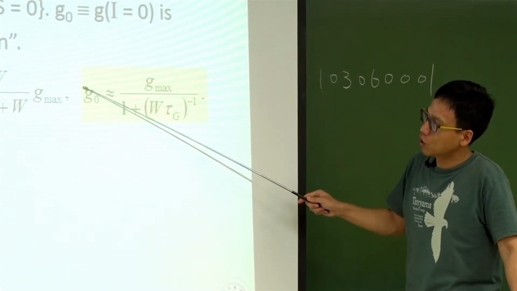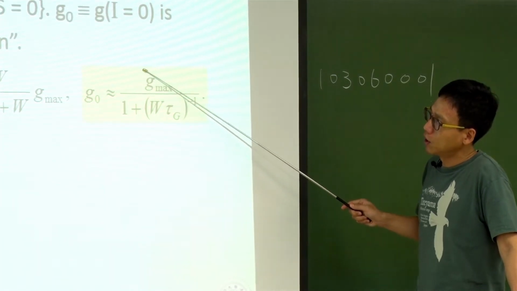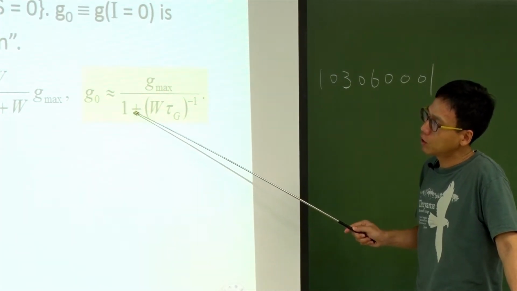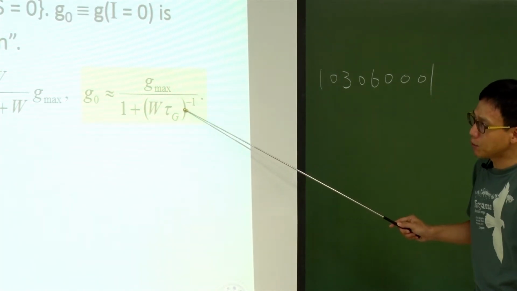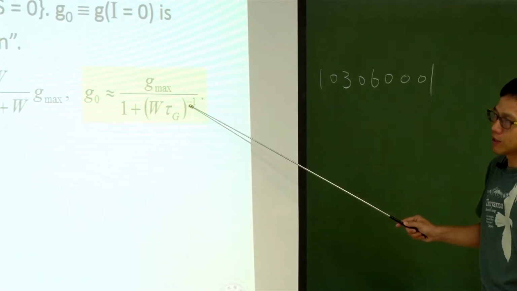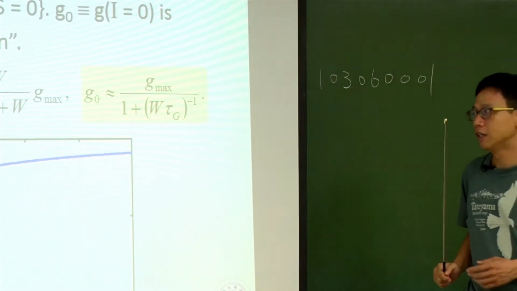And so the small signal gain formula is the upper bound over 1 plus a positive number, W times tau G, parenthesis inverse. Okay, this is the small signal gain formula.